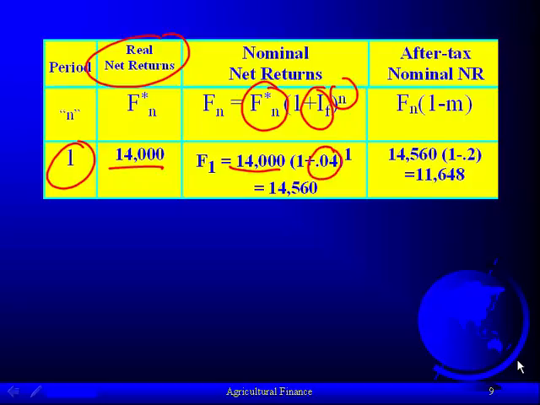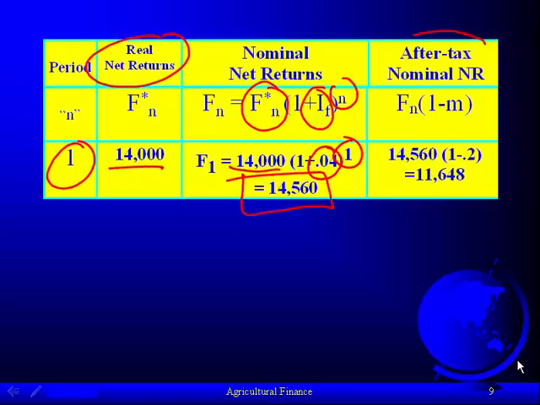The inflation is expected to be 4%. So what does this farmer expect the nominal net returns to be in that first year? In this case, the farmer then expects it'll be $14,560. He can still only buy 14,000 apples with that, but the actual countable dollars that come in at the end of the first year is $14,560.